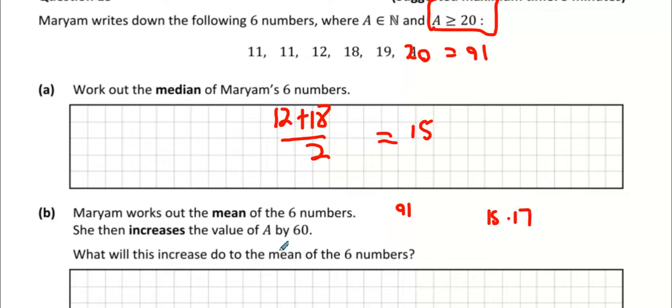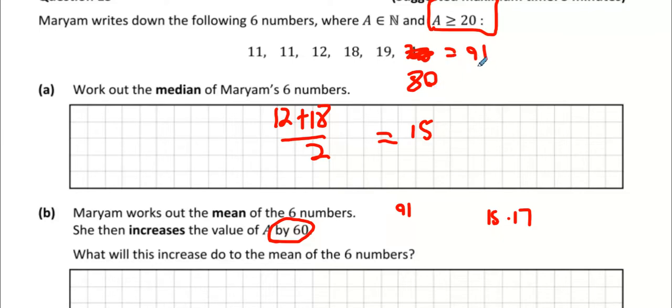Now, what does it tell me to do? Increase the value by 60. It's no longer worth 20, it's worth 80. Does that make sense? Because you're increasing A by a value of 60. What would it add up to now? It won't add up to 91 anymore.